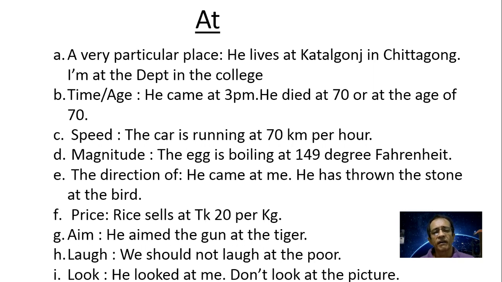And then regarding price. Rice sells at Taka 20 per kg. Then aim. He aimed the gun at the tiger. Then laugh. We shouldn't laugh at the poor. And then look. He looked at me. Don't look at the picture.